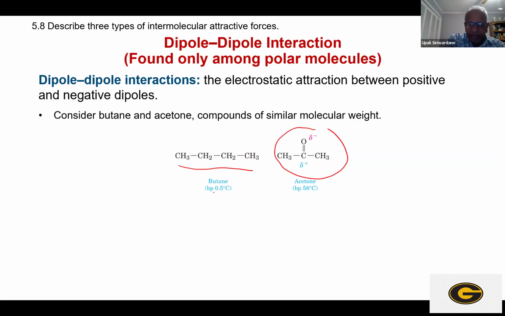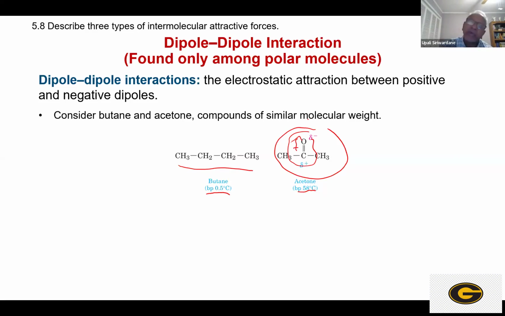When London dispersion is the only force, normally the boiling point is lower. When the dipole-dipole attraction, which is stronger, is present, the boiling point is higher. Acetone has a dipole going in this direction. Therefore, acetone is a liquid.